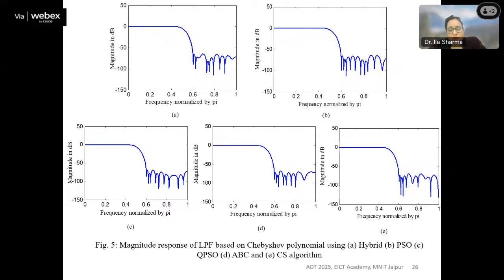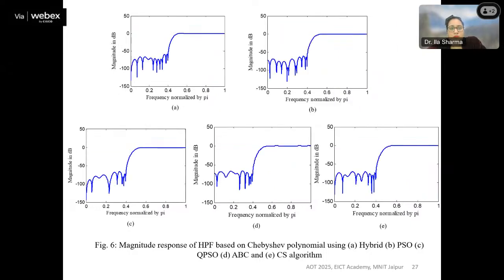I want to show you that there is a difference between each optimization algorithm while designing for the same problem. The objective function was the same, and different optimization algorithms were experimented on it, and accordingly these magnitude responses were generated. Each magnitude response represents the optimized coefficient values.